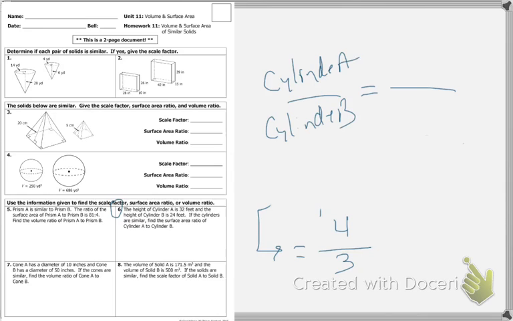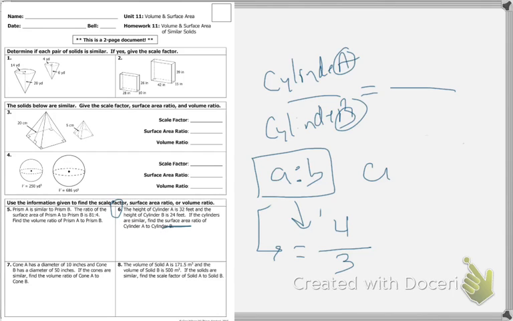Okay. We have our A, our B. Now, what is the question asking? They're asking for surface area. So that means that we're not looking for this one, because this one we have already. We're actually looking for this one, a squared to b squared.